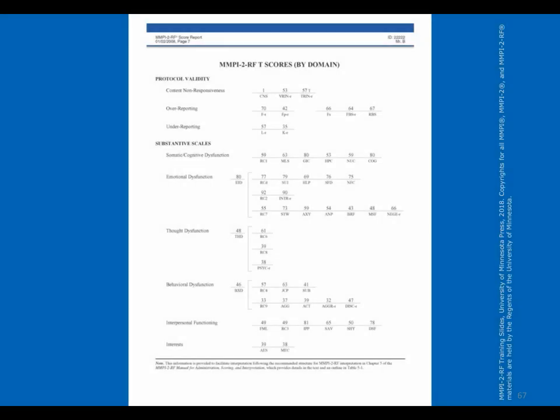The next page of the score report is the MMPI-2-RF T-scores by domain sheet.